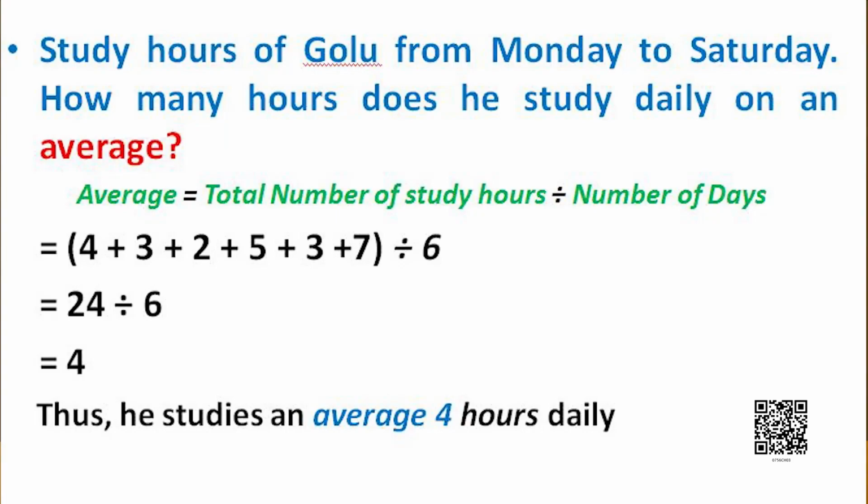First, we added all the study hours of the week. Means on Monday how many hours, then Tuesday, Wednesday, Thursday, Friday, Saturday. So we made a sum of study hours. And then we divided by the number of days.